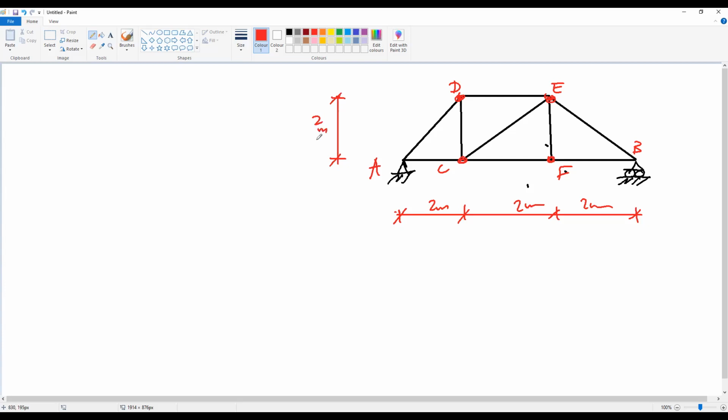Okay, we have one load here at B, no problem with this one.